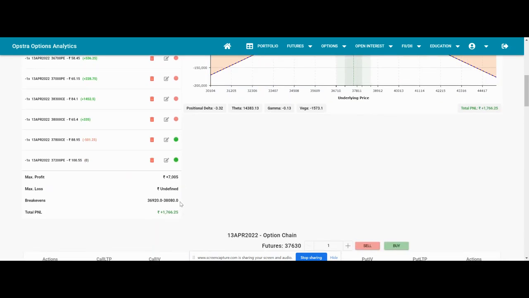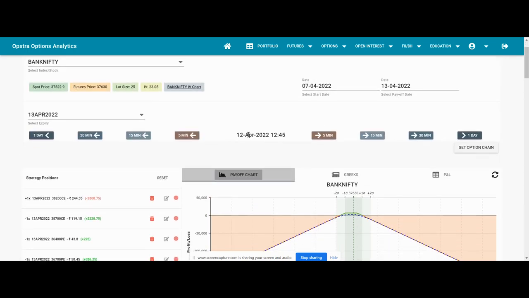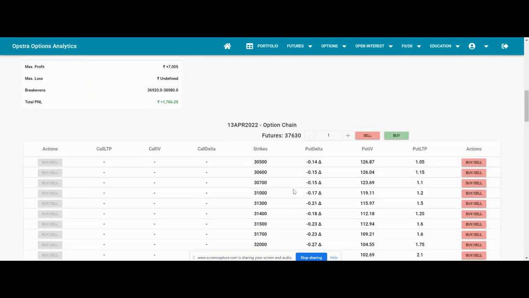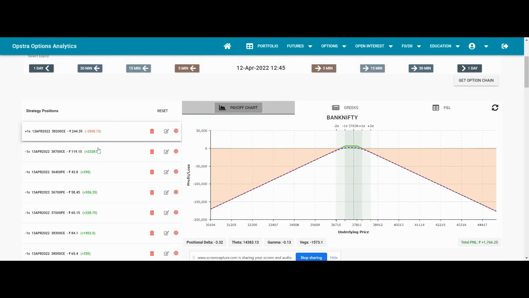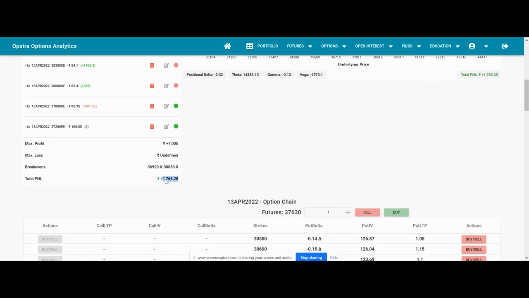As and when we are approaching close to the expiry, the strangle range will start reducing. So you have a chance to exit at almost 1766 on the capital of the original debit spread. This is almost like 10%.